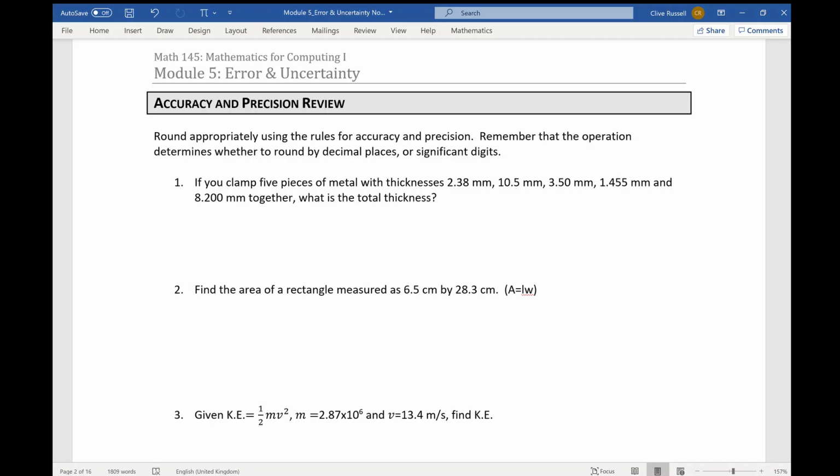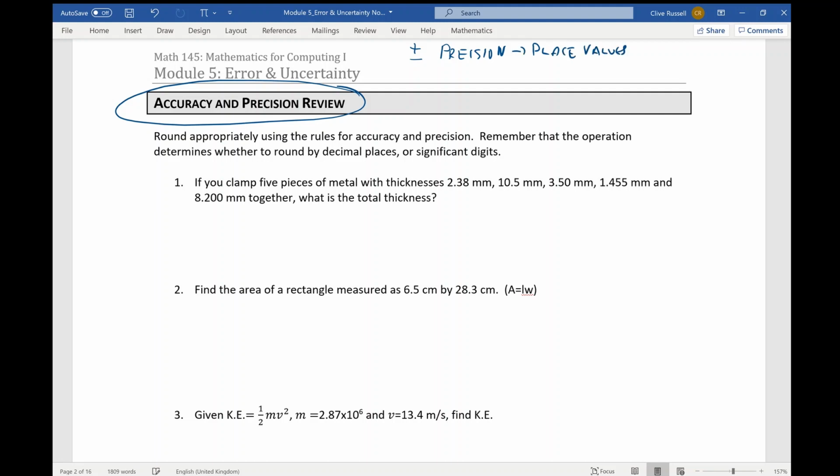Let's do a quick review of accuracy and precision. Just keep in mind what we learned previously: when you're operating on measurements, say multiplying, dividing, adding or subtracting, if your last operation is addition or subtraction, you round based on precision or place values.